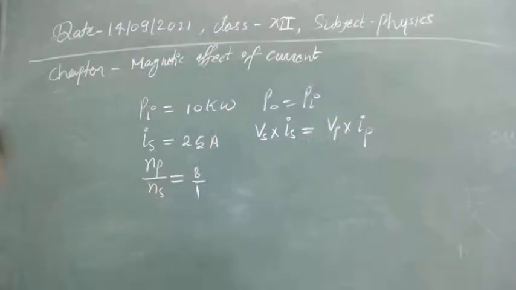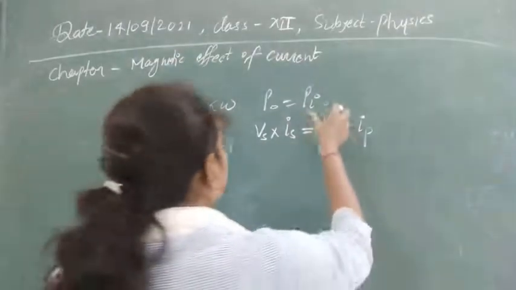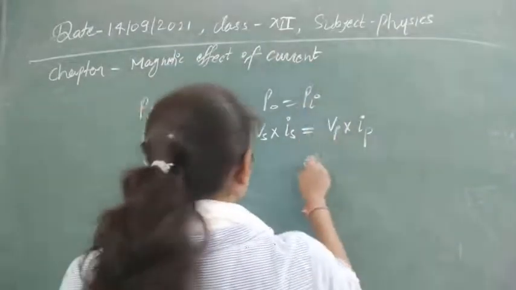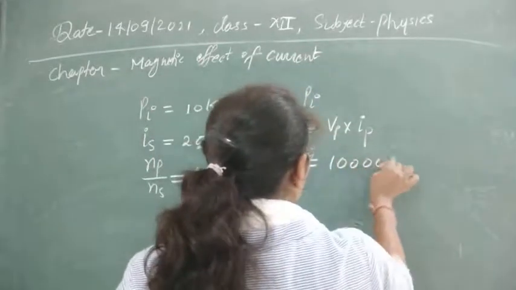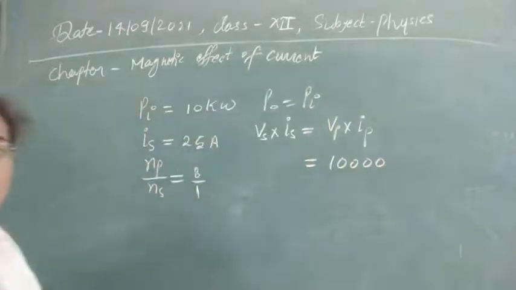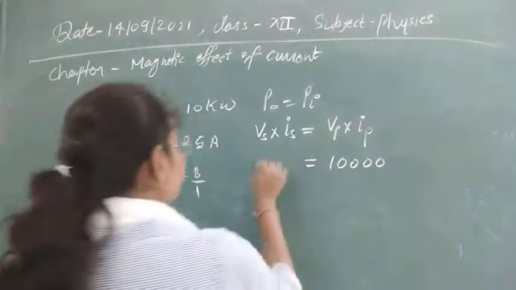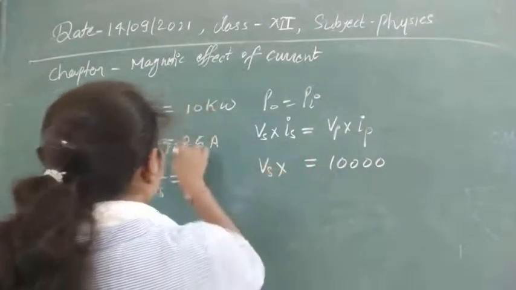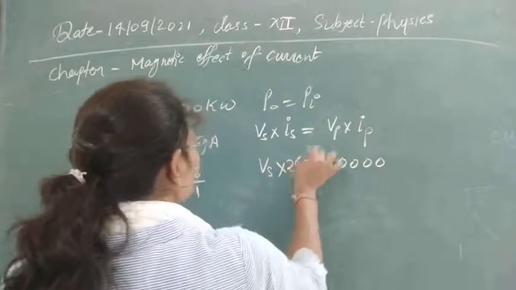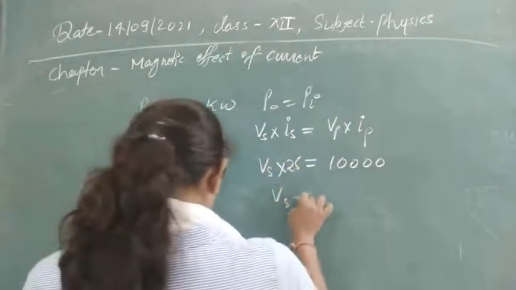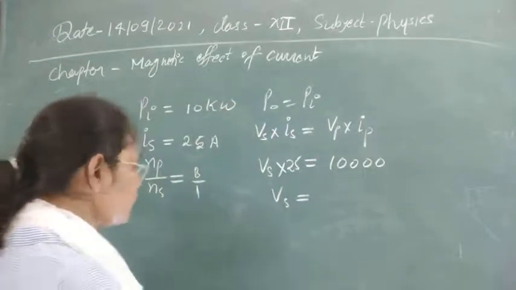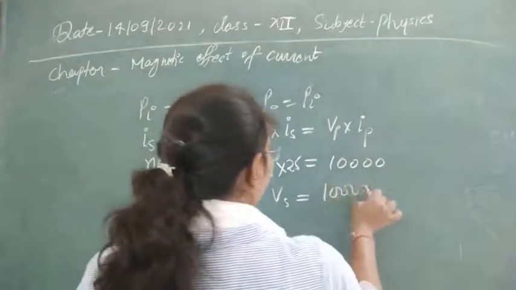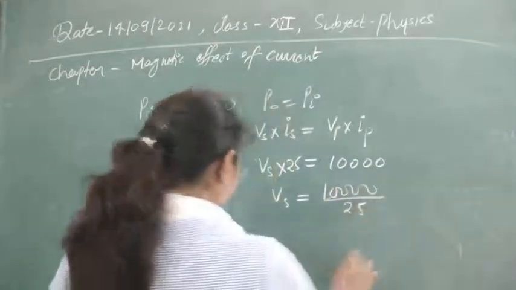Now the value of Pi is given to us and this is equal to 10 kilowatt, which is 10,000 watt. In the case of Vs, we have to find the value; Is is given and that is 25. So from here we can calculate the value of Vs, which is obtained as 10,000 divided by 25.